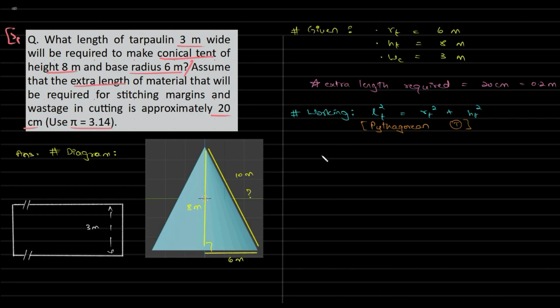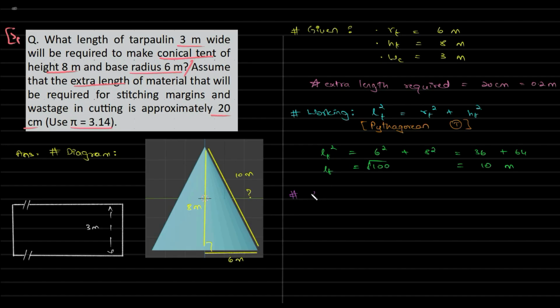Now we have l square is 6 square plus 8 square, which is 36 plus 64, which is 100, and l is the square root of 100, which is 10 meters. As I told you guys, that will be 10. So these are triplets, a set of values that you need to memorize. It's not some magic I did.